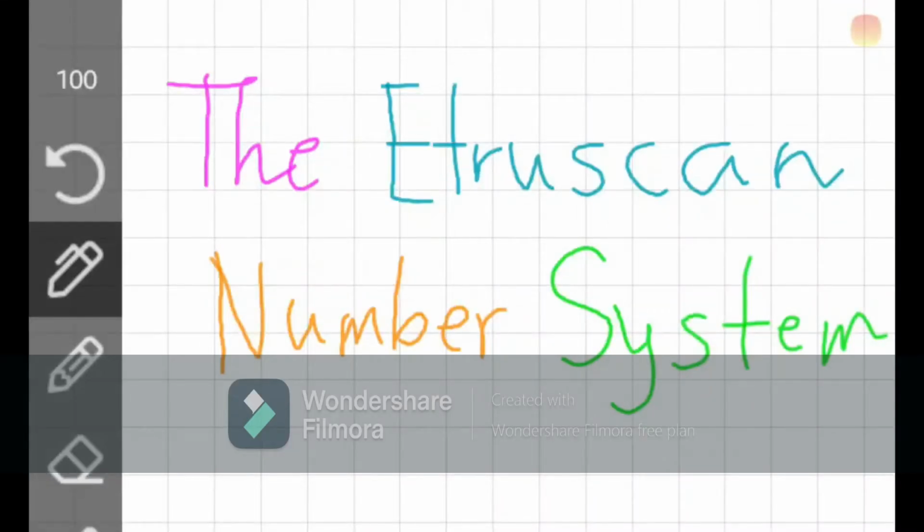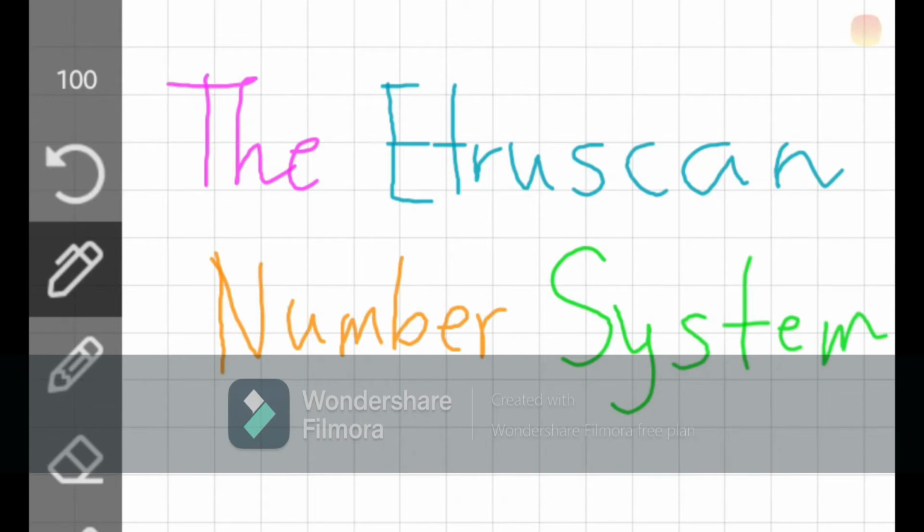At this juncture, we will be exploring and squeezing more of the juices of the Etruscan number system. As we can see from the previous discussion, the Etruscan number system is similar to the Roman system, since the latter people derived their system from the former.